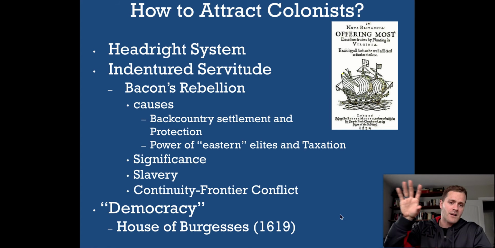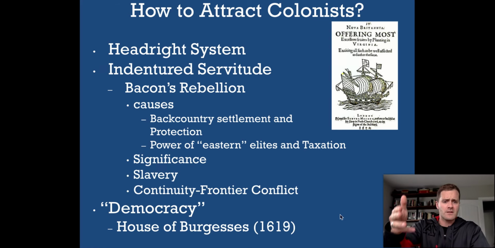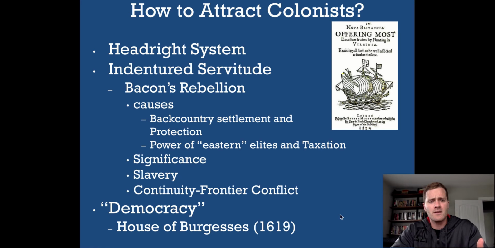It's these backcountry frontier settlers who are upset that they've come to the New World, they've put in their time as indentured servants, they've been sent out to the frontier, and now the same society that helped bring them over refuses to protect them from Native Americans. These rebels, these small farmers, the yeomanry later, if you will, are going to be protesting that the government is not serving their needs. And the rebellion itself is going to be led by Nathaniel Bacon.